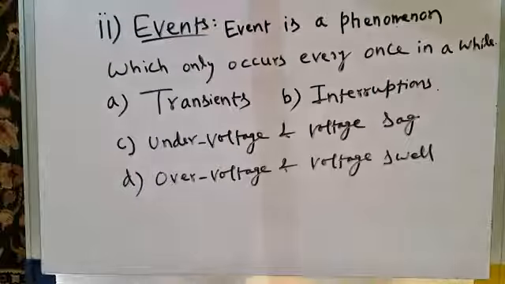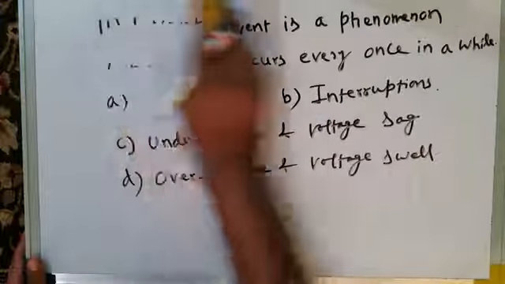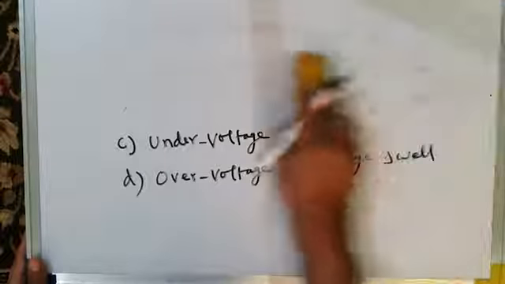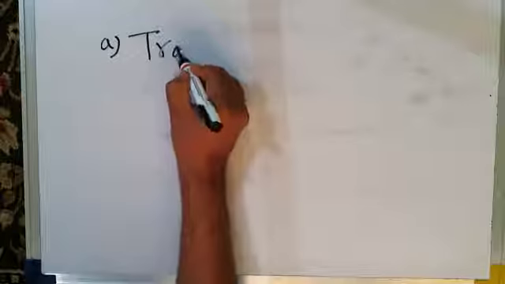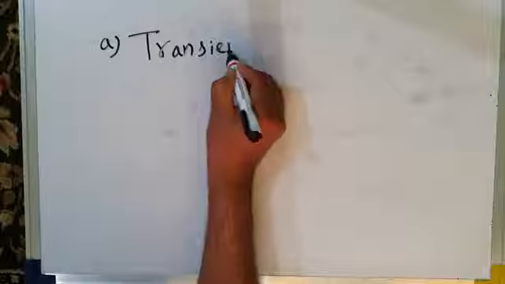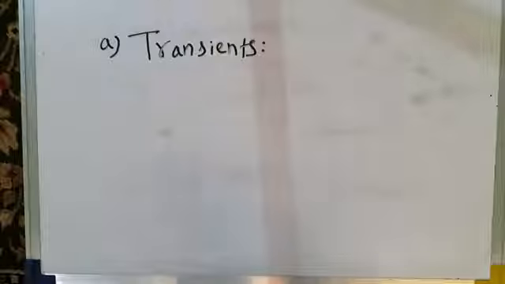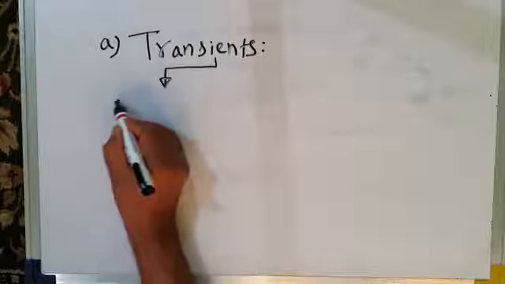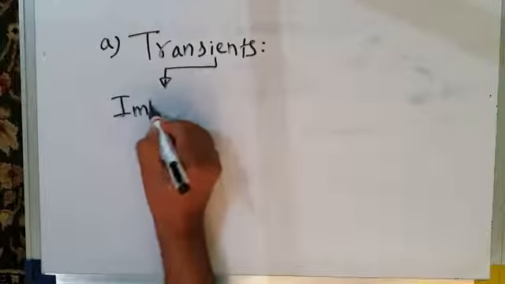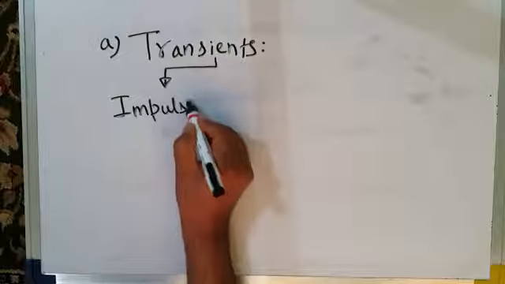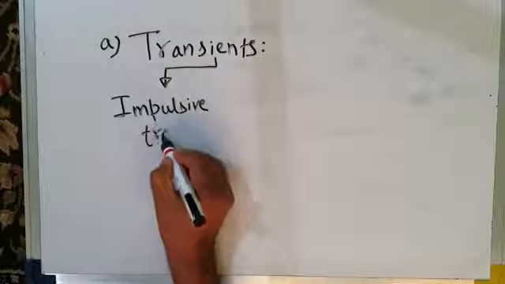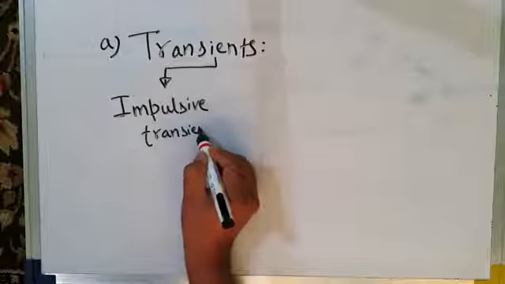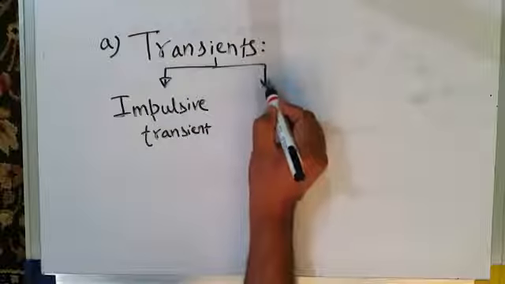Now, the first type of event is transients. Let us start with transients. I will write here, first type of event, transients. If you remember, in one of the earlier classes, I have already briefly discussed transients, and I told you that these transients are of two types, impulsive transient and oscillatory transient.